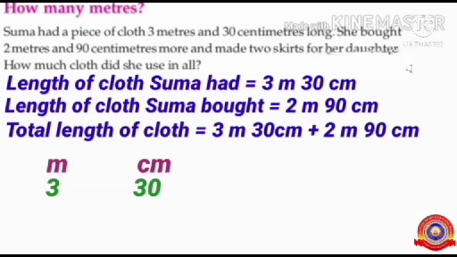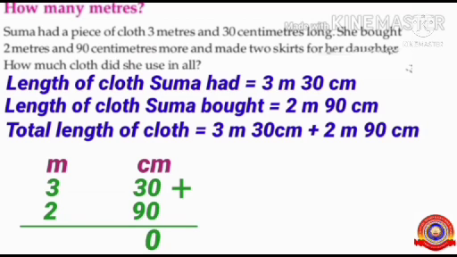So first write 3 below the meter and 30 below the centimeter. Then write 2 below the meter and 90 below the centimeter. Then add together. First add the centimeters. 0 plus 0, 0, 9 plus 3, 12. Write 2 here, 1 is to be carried to the meter.